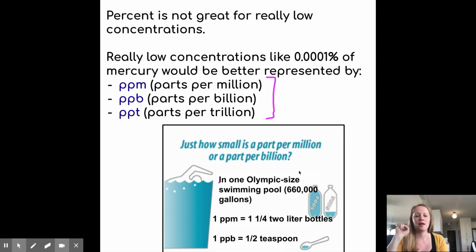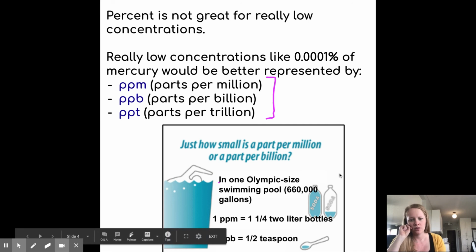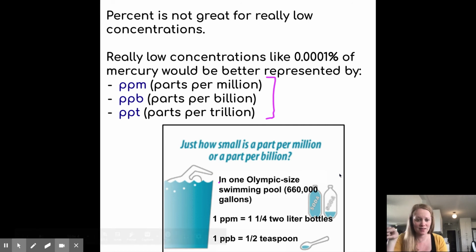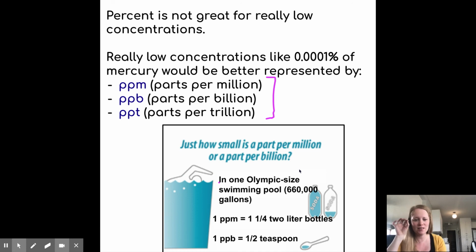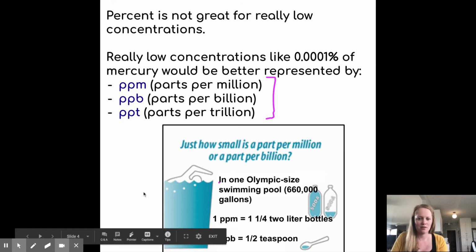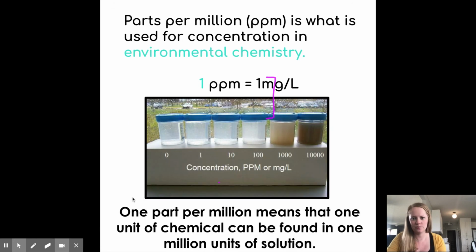Now, 1 part per million is like saying there's 1 and 1/4 2-liter bottles of water in that massive amount of swimming pool. 1 part per billion, so an even smaller amount, is half a teaspoon, 2.5 milliliters, in 660,000 gallons. That is a very, very tiny amount within a large amount.